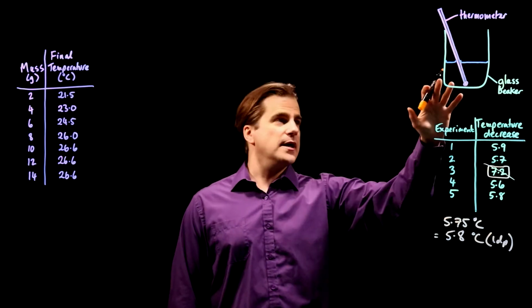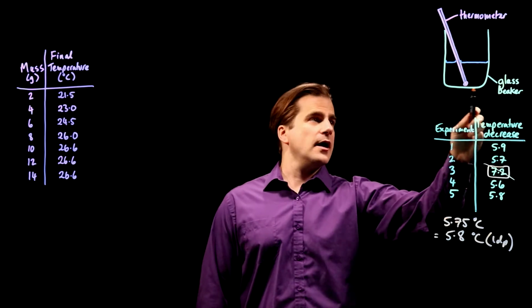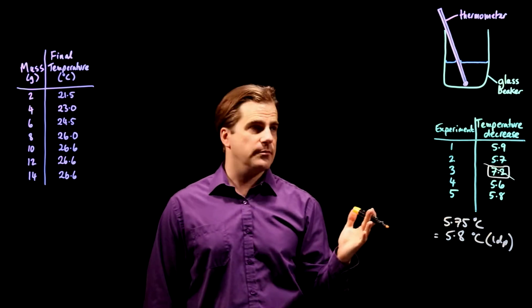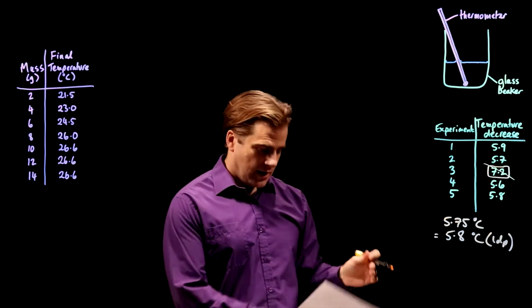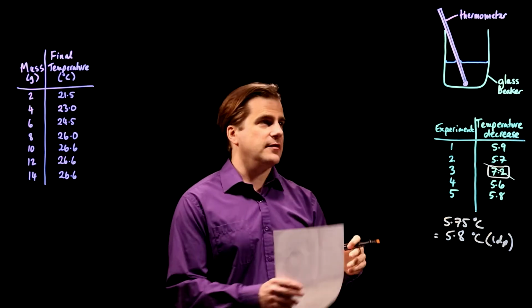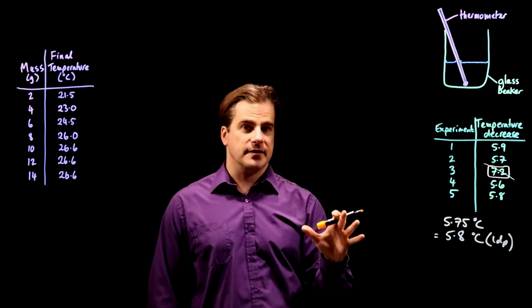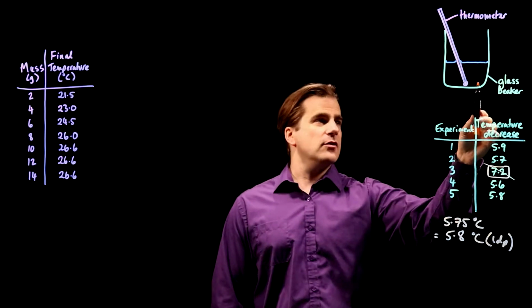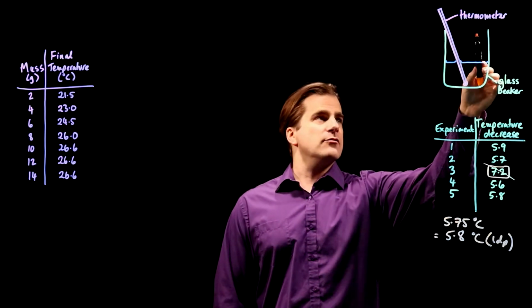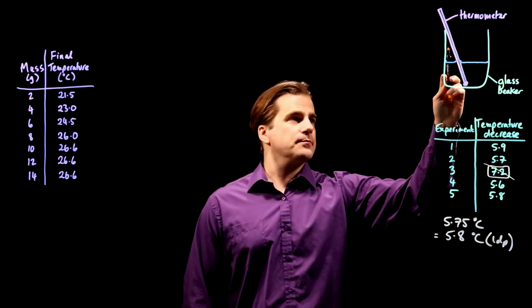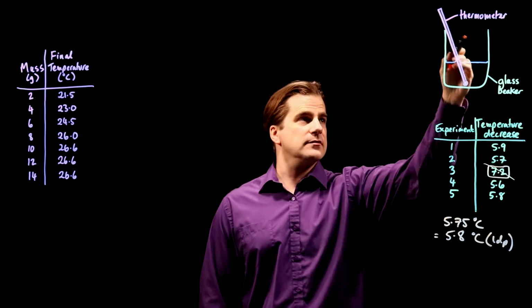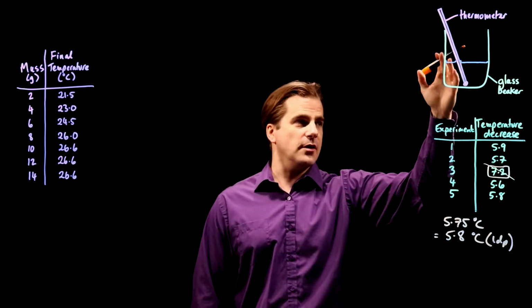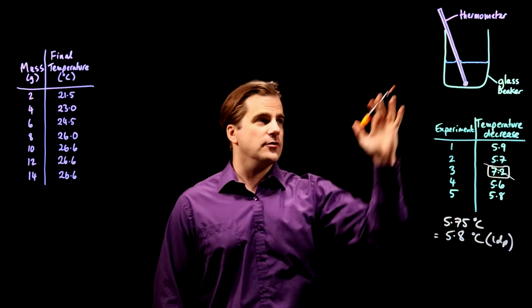One improvement would be to use a container made of polystyrene, maybe a polystyrene cup. And give a reason: polystyrene is a better thermal insulator and therefore it would reduce the heat transfer from the surroundings to the contents of the cup during the experiment.